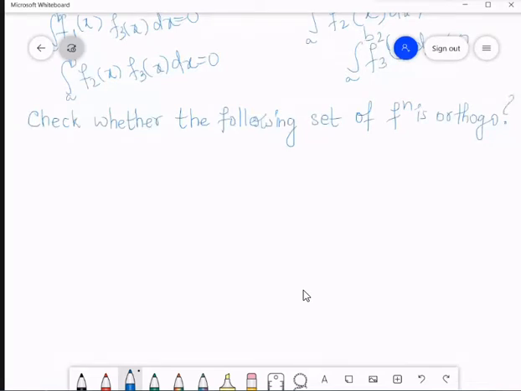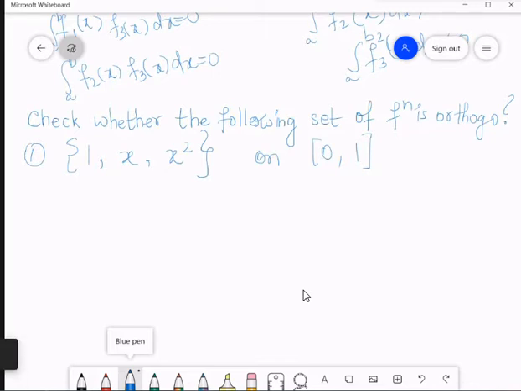My first set has 1, x and x square, all of them defined on the interval 0 to 1. Check whether this is an orthogonal set or not.